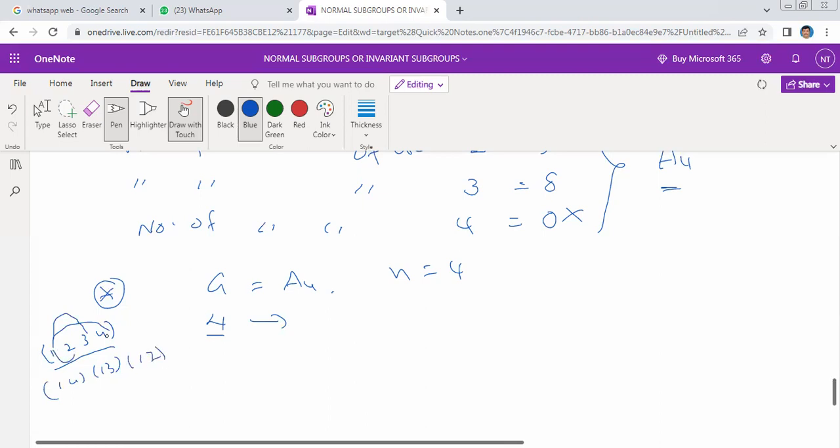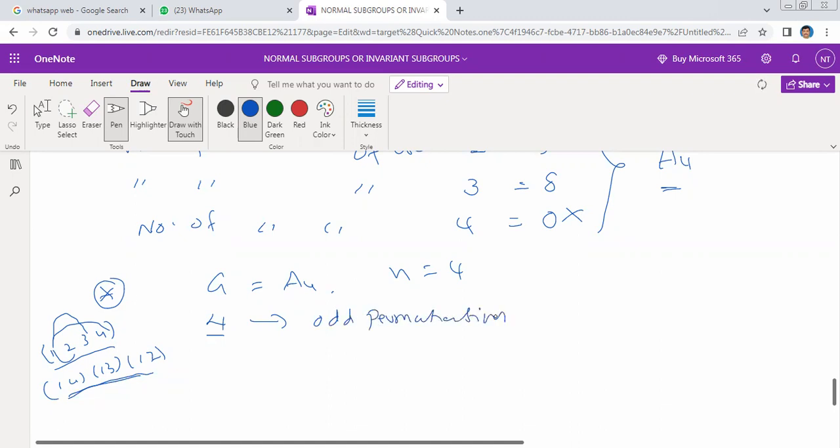So if the length of a permutation is 4, the number of 2-cycles is 3, one less. Observe this very carefully. The length of the permutation is 4 and its 2-cycles are 3, so is a 4-cycle an odd permutation or an even permutation? Odd permutation.